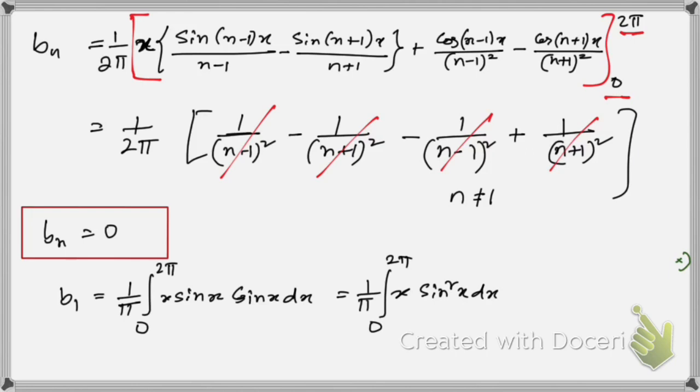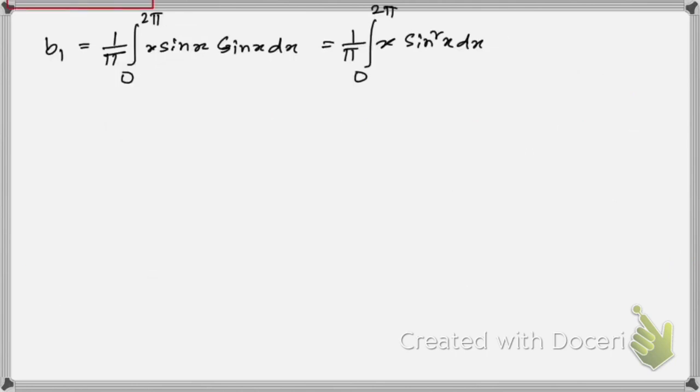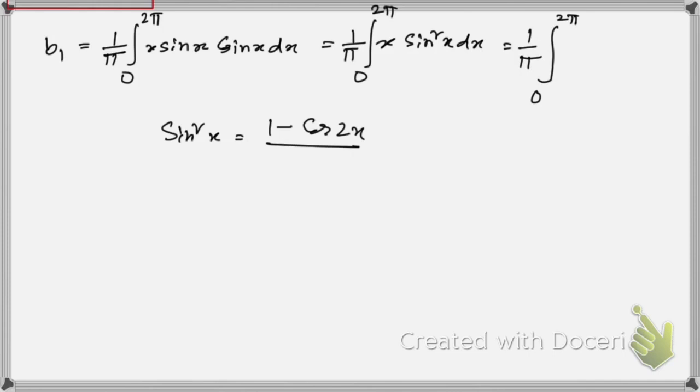Now here you can see 1 by pi, integral from 0 to 2 pi, sin square x, you can write it as (1 minus cos 2x) by 2. So you must know all the trigonometric identities, then only you can solve these kinds of problems.